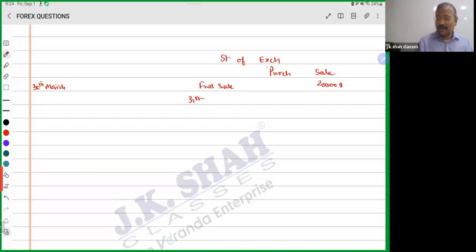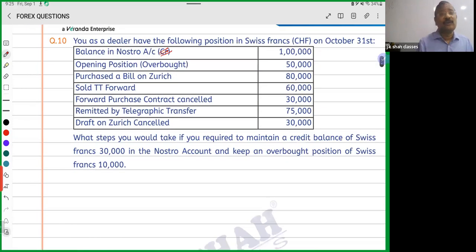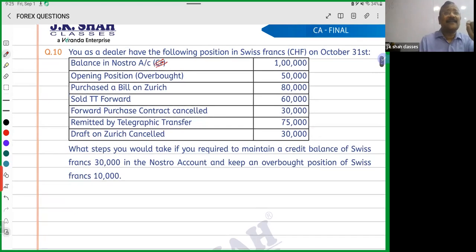And remember, you can have an oversold position in this because this statement does not require cash to be settled. Forward contract, you would need the cash balance only later. Right now, you're only recording. So that means this statement of exchange can either show an oversold position or an overbought position. But Nostro account can only show a credit balance. Right? Now, in some questions, you will find they have just given balance 20,000, balance overbought 30,000.